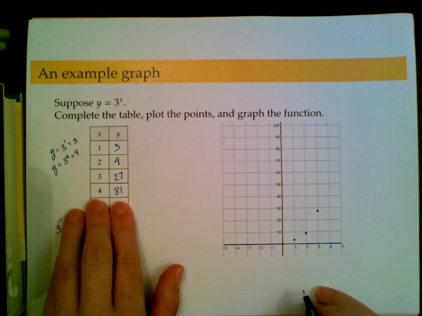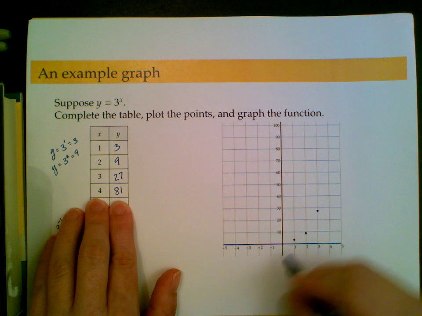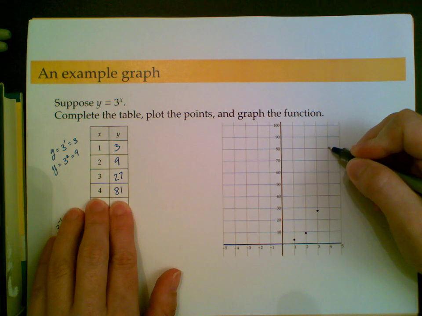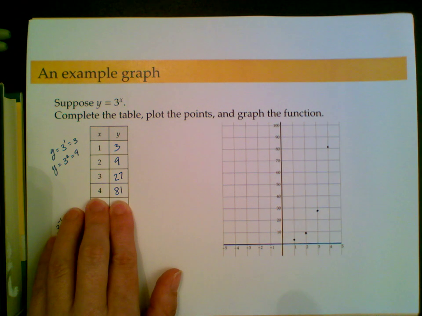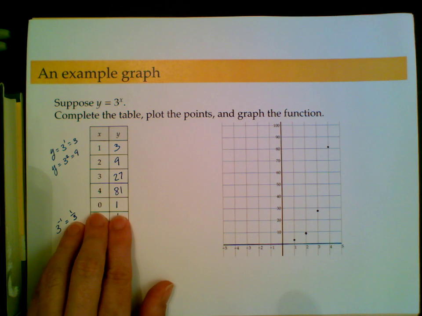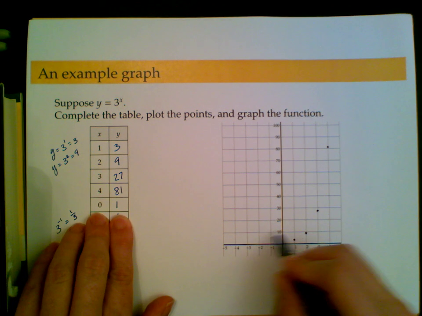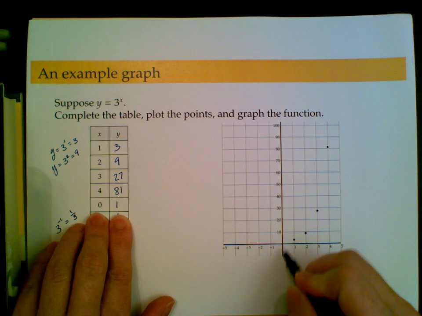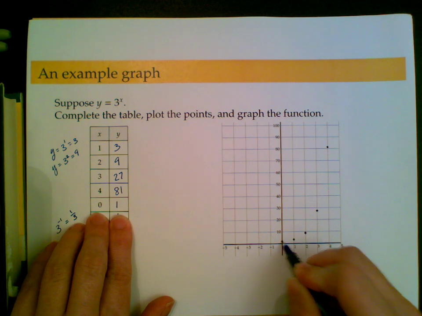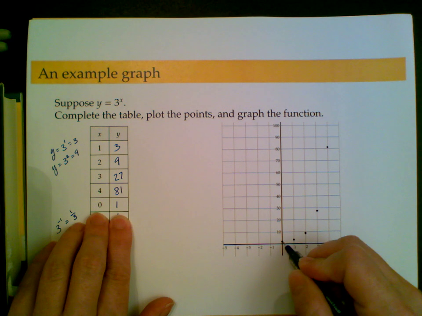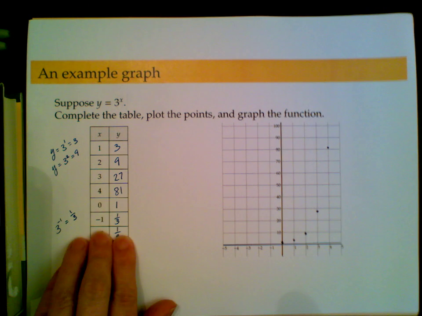When x is 4, y is 81, which will be just over the 80. And then when x is 0, y is 1. So let's see, that's 10, so 1 is about here. Maybe that might actually be a little high.